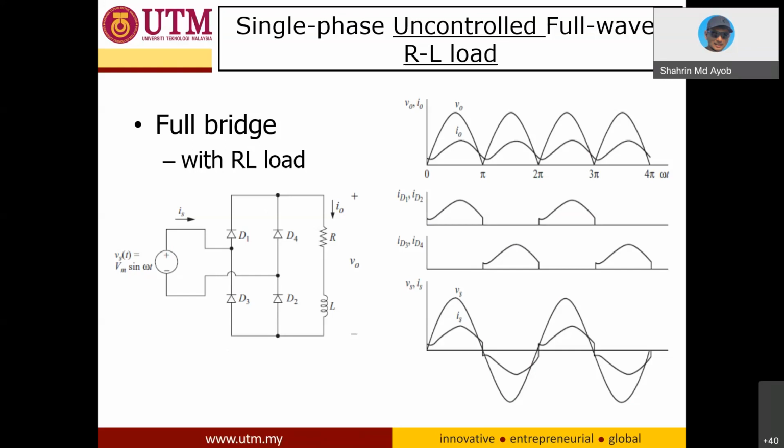The RL inductive load represents things like induction cooking and so on. The RL with the DC source represents a DC motor and so on. So all these load representations represent the actual circuit. Okay, the actual load actually.